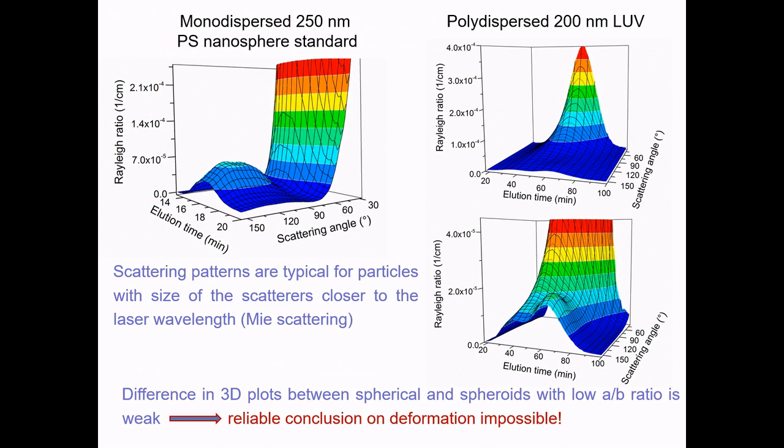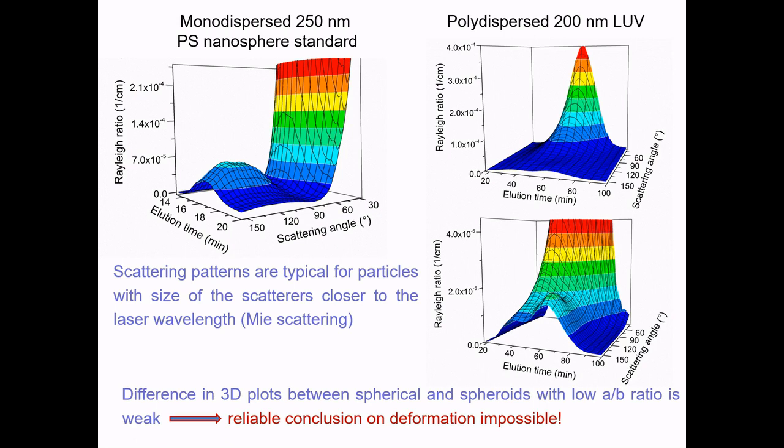On the contrary, the angular dependence of scattered light of the largest vesicles significantly differs from small particles. At longer elution times, where large particles elute, the light scattering intensity rapidly decreases with increasing scattering angle up to a minimum, above which it slightly increases up to a maximum and then again gradually decreases toward the largest angles of observation.